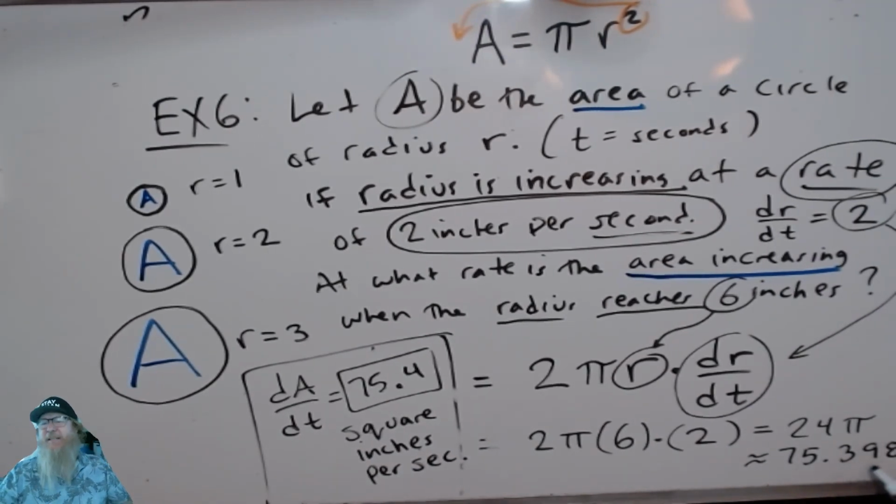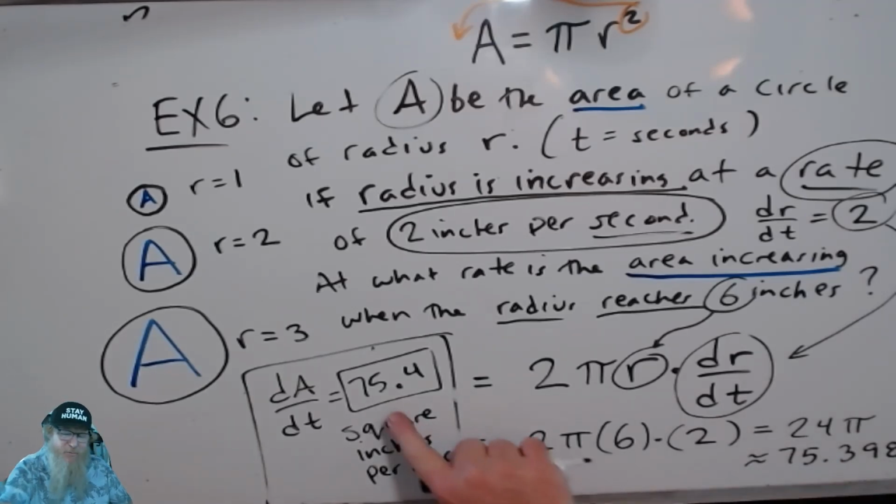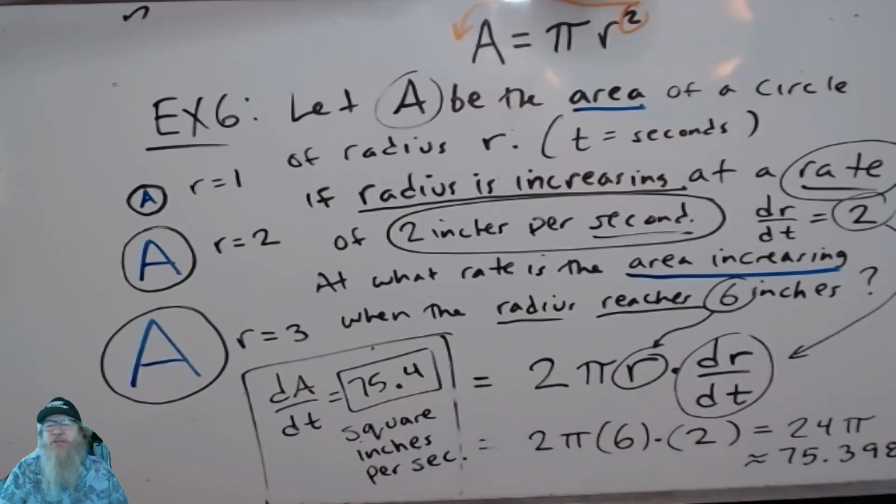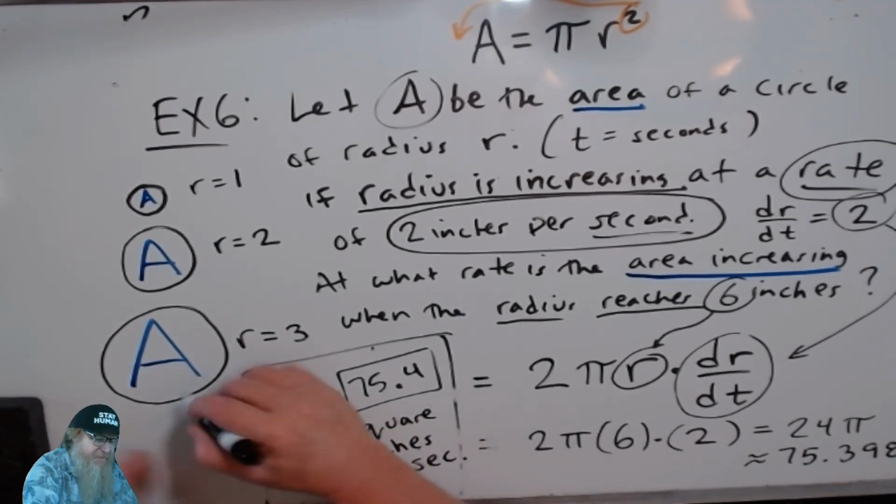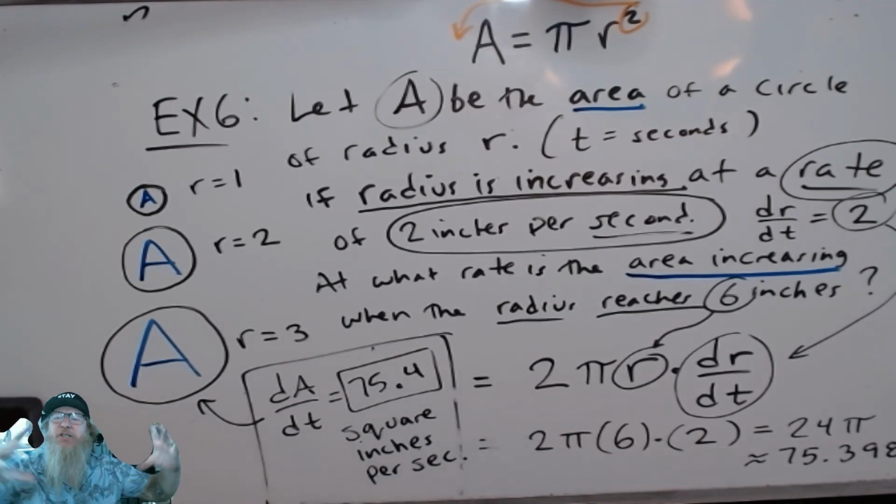So yeah, because it's not money, I'm just doing 1 decimal. I mean, I could even do no decimals, but this question asks for 1 decimal place, the tenth. So we did 75.4 because the 39 rounds up to 0.4. So that's the rate at which the area is increasing.